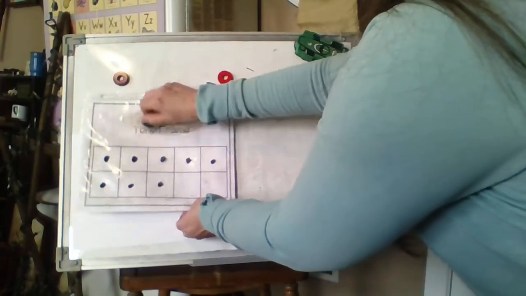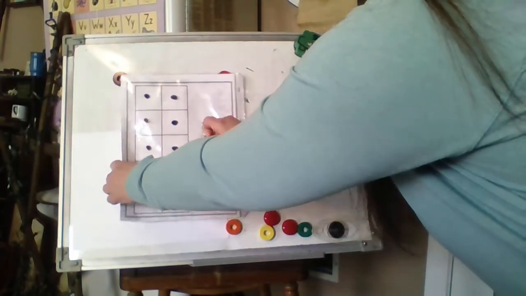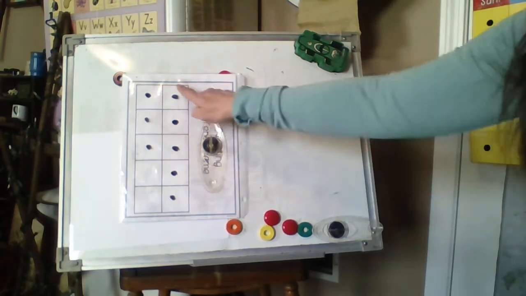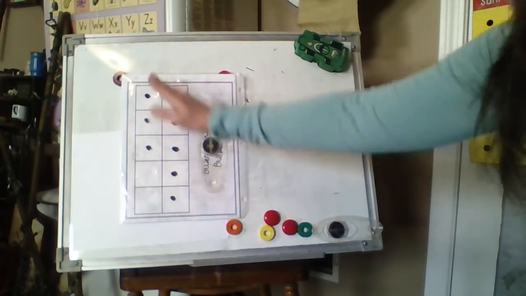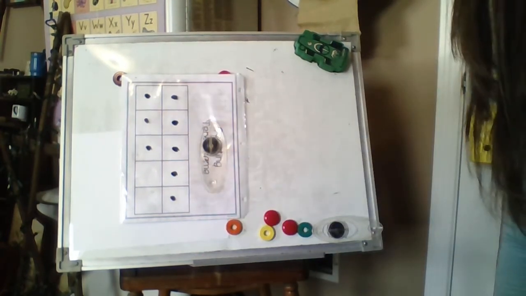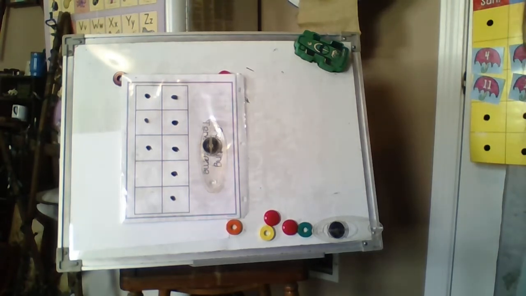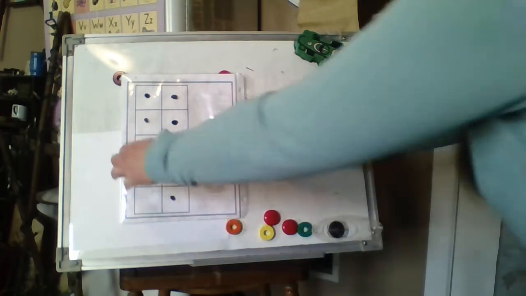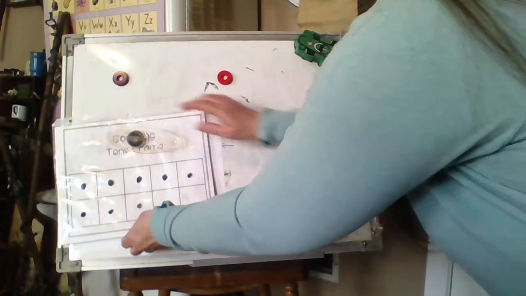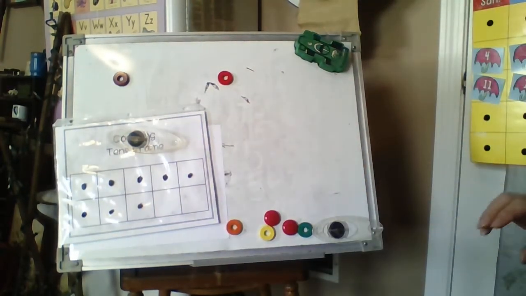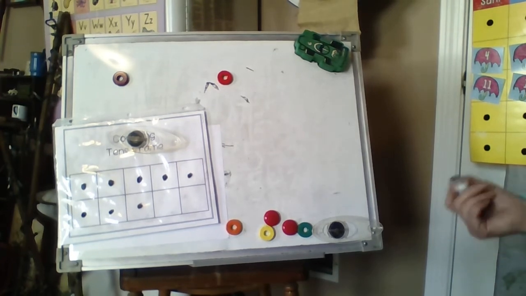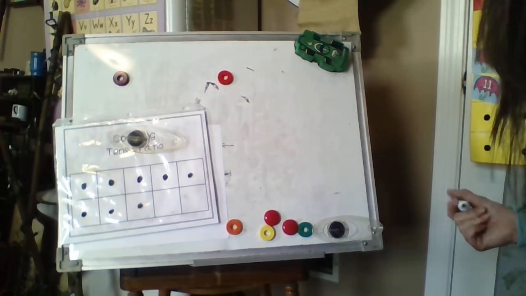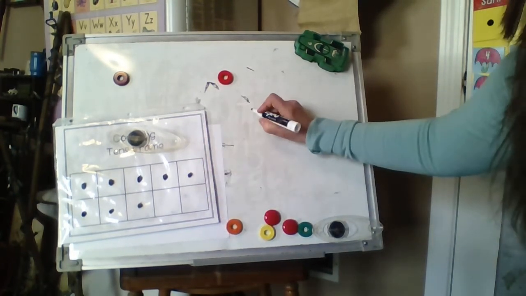Now sometimes I even turn my 10 frame. And look at that. One row has 5 and the other row has 3. I kind of like to think about it in that way. Okay? So if I told you to draw 8 dots, I think it would be easy to think about a 10 frame, even if you don't make one.